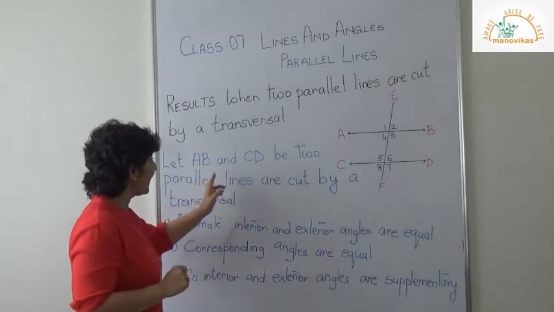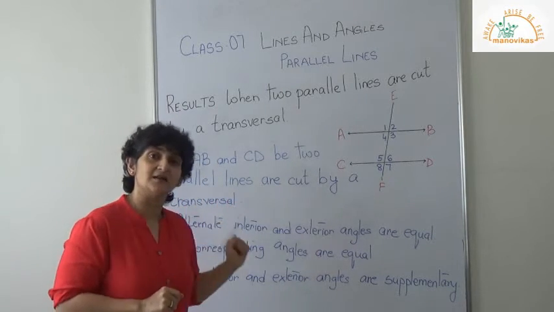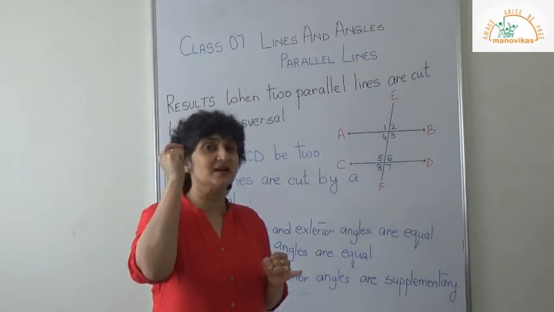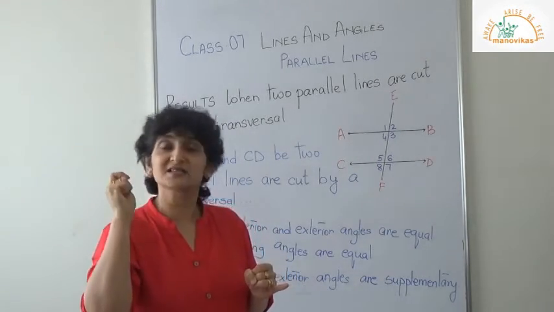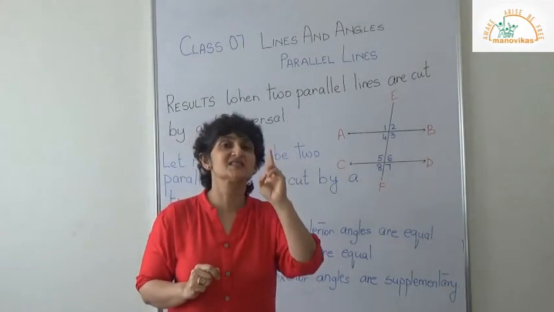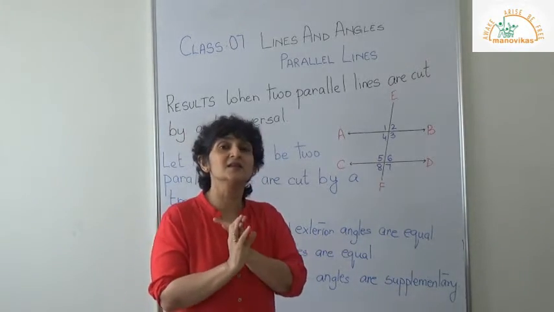Now, when AB and CD are parallel lines and they are cut by a transversal, then alternate interior angles are always equal. Remember this. Then alternate exterior angles are also equal.